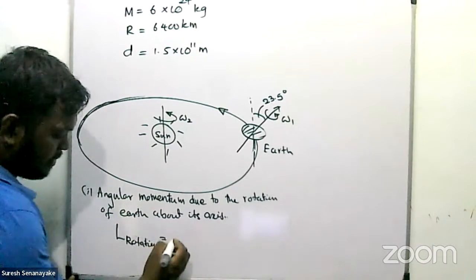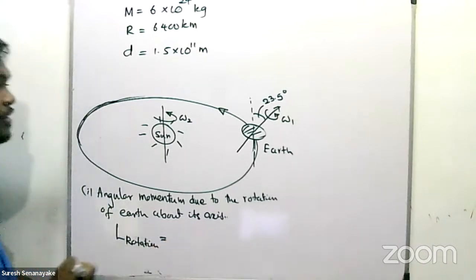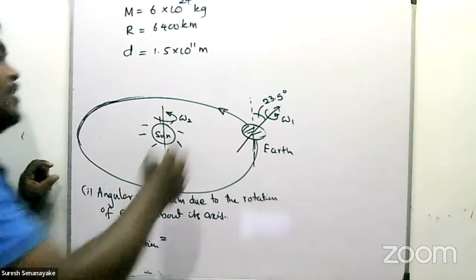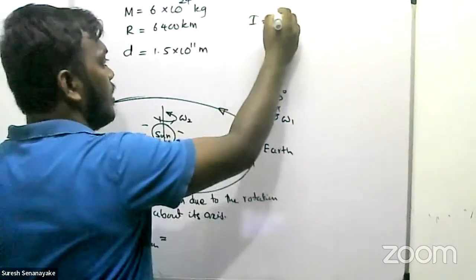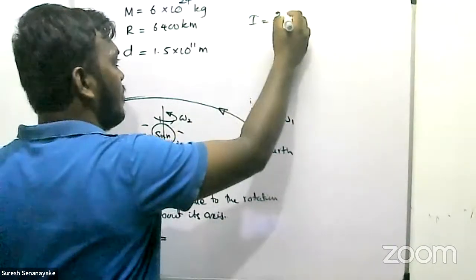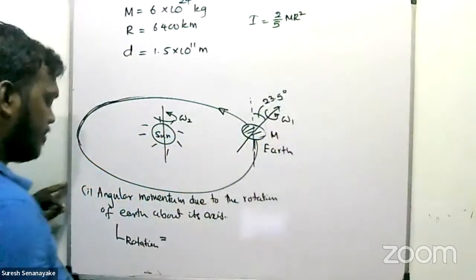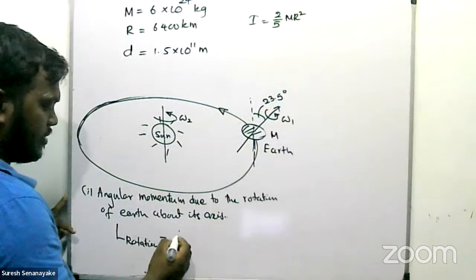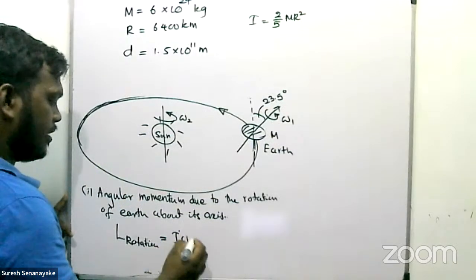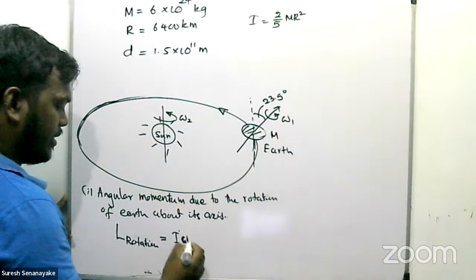Then you can write, as the Earth is a sphere, the moment of inertia of a solid sphere is 2/5 mR². The angular momentum is I omega, where omega here is omega 1.